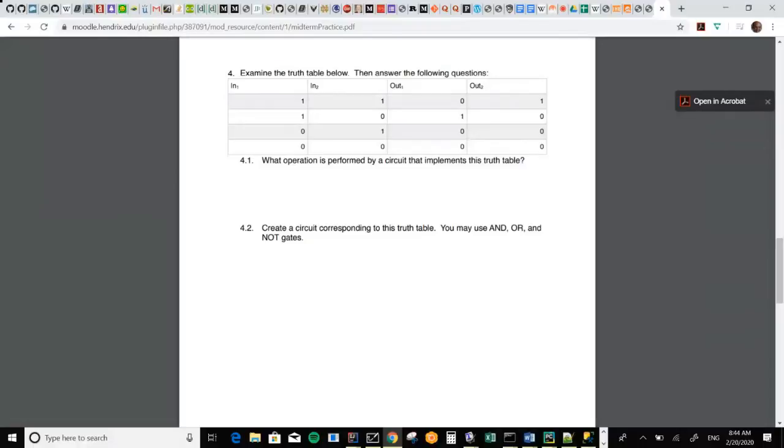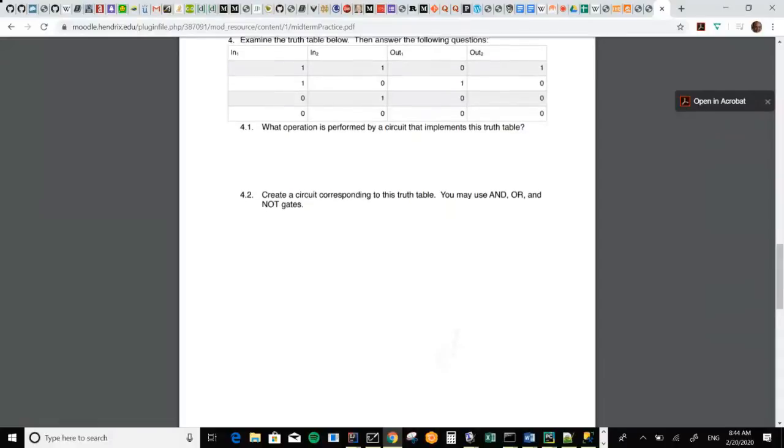Because input 1 is a value, if it's 0, all the outputs just go to 0 because there's no signal to be routed at that point. If input 1 is a 1, which output gets activated depends on the select bit. If the select bit is a 0, out 1 is 1. If the select bit is a 1, out 2 is 1. And that gives us a demultiplexer.